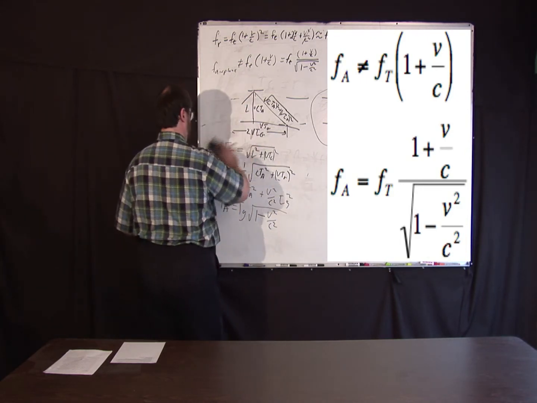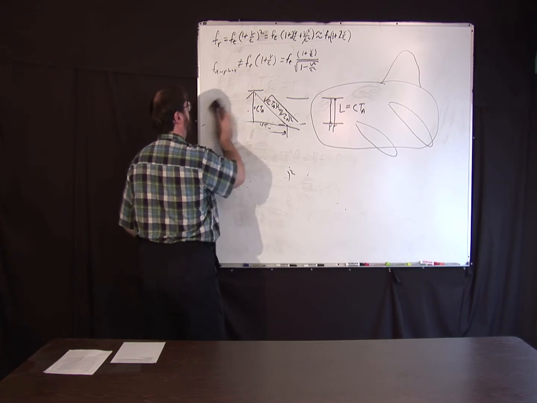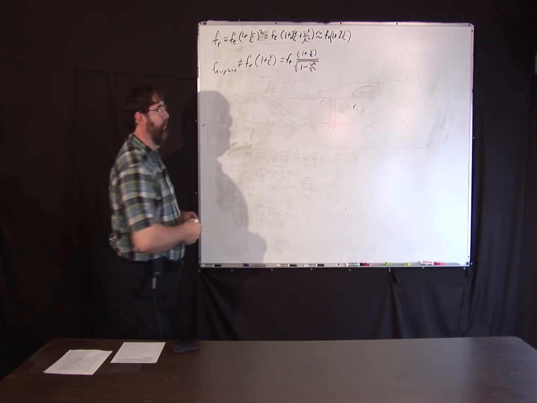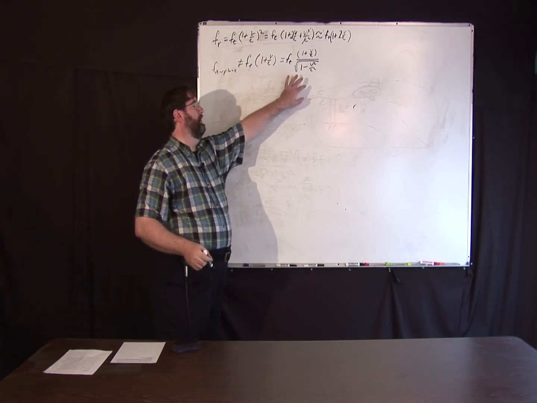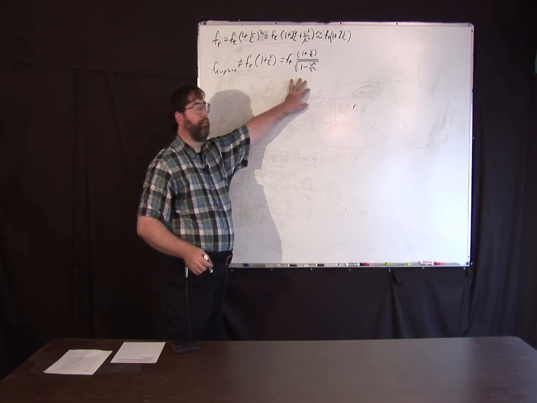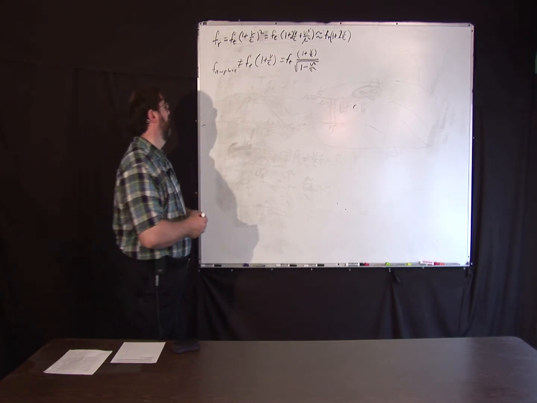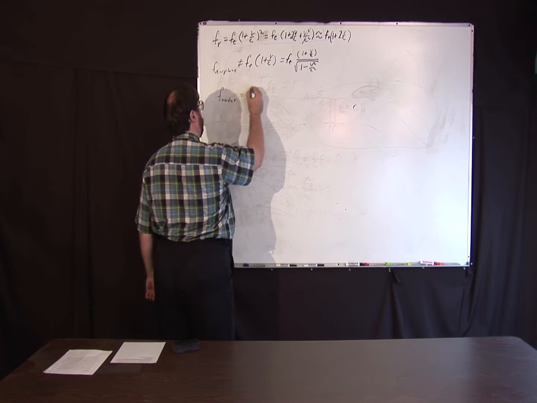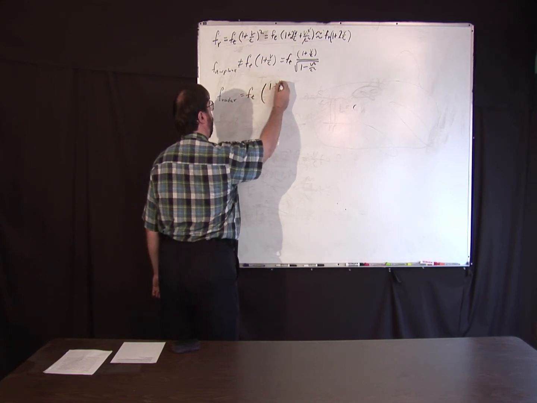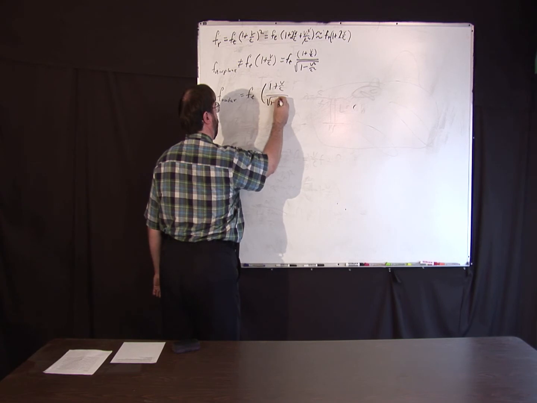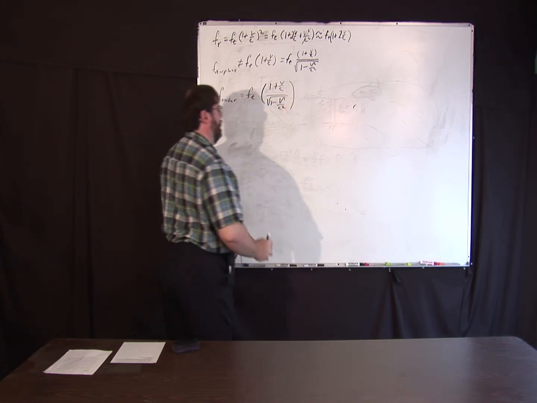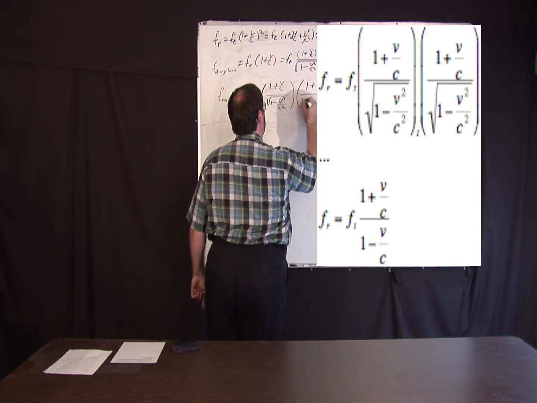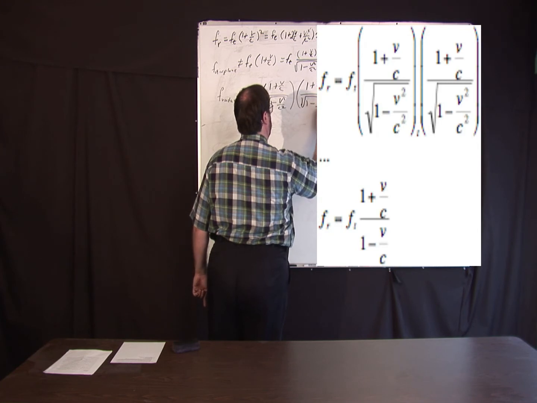What does that mean? Let's take that through to its consequences. Okay, so you can make the same argument now, if the airplane is the source, and the ground moving towards it, you do the same thing, and you get an F at the radar that is this thing here times 1 plus V over C over square root of 1 minus V squared over C squared times another one of these, right? 1 plus V over C over square root of 1 minus V squared over C squared.